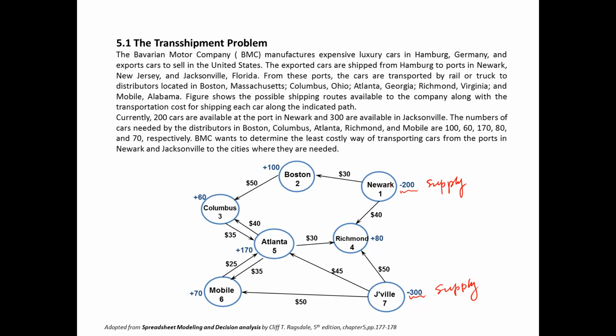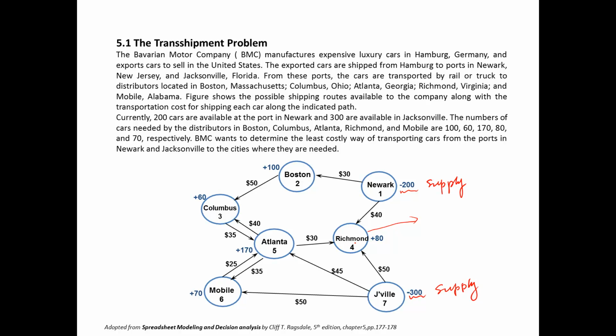So in this problem, node 1 and node 7, these 2 are the supply nodes. Then let's look at, is there a demand node? A demand node means that node only has inflows. For example, this node 4 here has 3 possible ways to receive cars, but there is no flow that goes out from it.